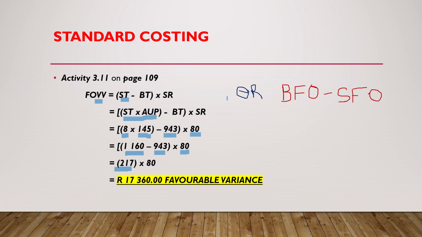Let me check on the calculator quickly. 217 multiplied by 80 rand gives us 17,360. Okay, so that's the answer. Guys, you need to practice this.